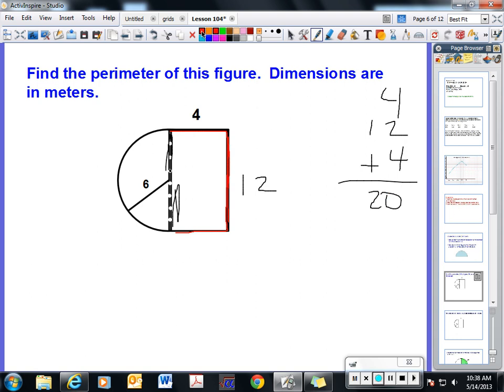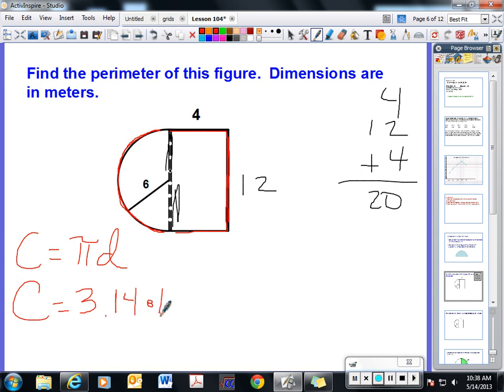Now the part that we've never done before is to find the semicircle here, the distance around this. Well, that would be half of a circle, which would be half of the circumference, because the circumference is the outside of a circle. So we would have circumference equals pi times diameter. We're going to use 3.14 for pi in this case.